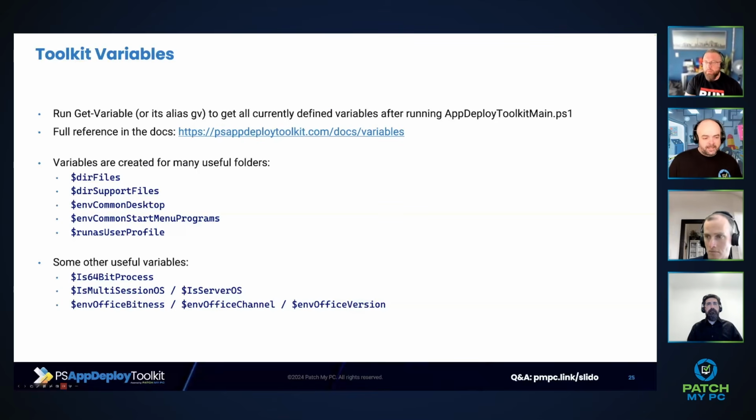There's a few others in there. There's is64BitProcess, if you ever need to choose a different installer for a 32-bit machine, for example. There's isMultiSessionOS. That's if you're on a Windows 11 multi-session, say for Azure Virtual Desktop, or if you're on a server. And we also populate a few variables for the Office platform or business channel and version.